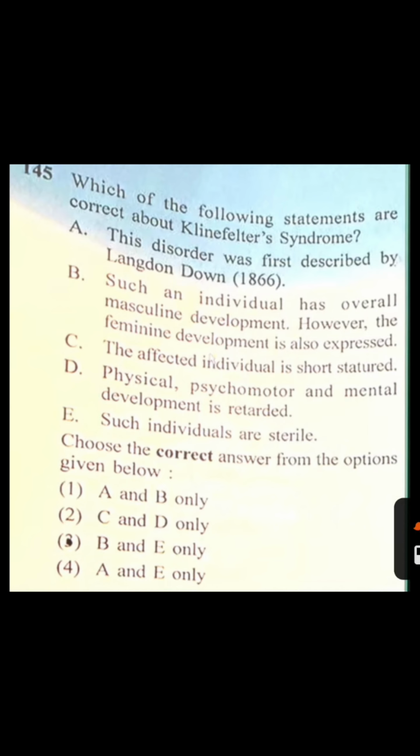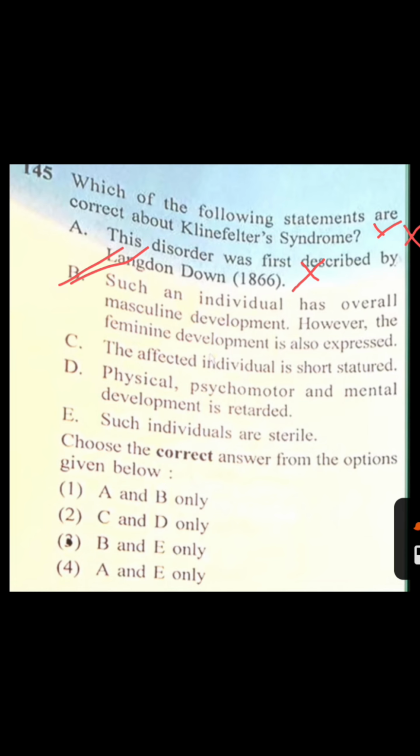Which of the following statements are correct about Klinefelter syndrome? Klinefelter syndrome is caused by XXY. This disorder was first described by Langdon Down. No, that is Down syndrome, not Klinefelter syndrome. Such an individual has overall masculine development, however feminine development is also expressed, right?